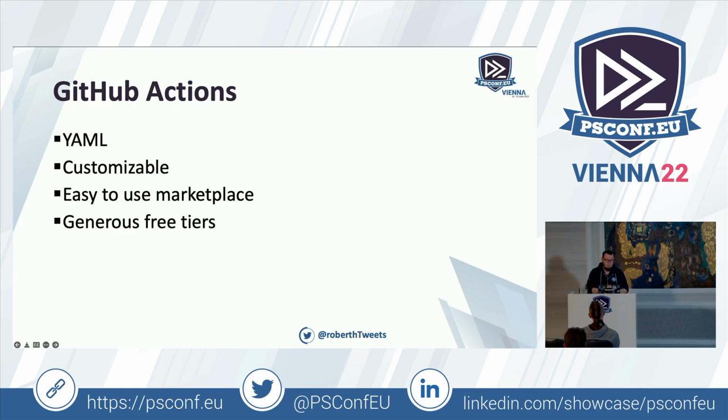There's an easy-to-use marketplace where you can find all these different actions, so even if you don't want to create stuff yourself, you can easily find it. It also has a very generous free tier, which makes sense because GitHub is where open source lives. If they didn't have that, it would be kind of bad.